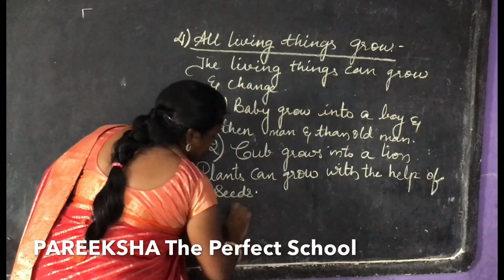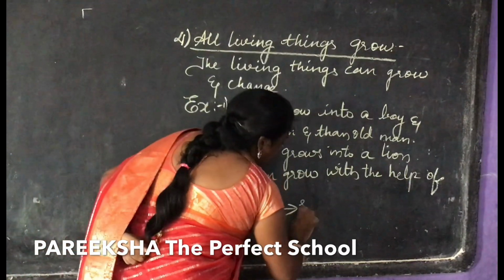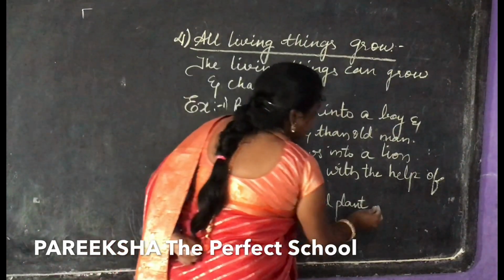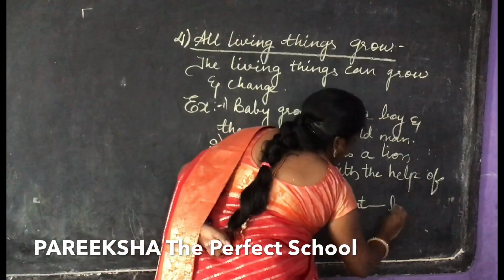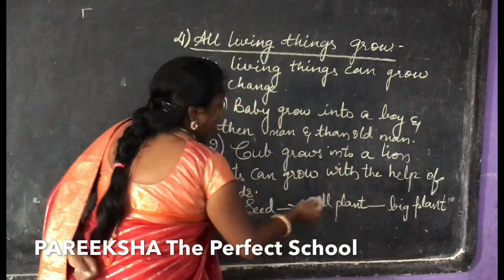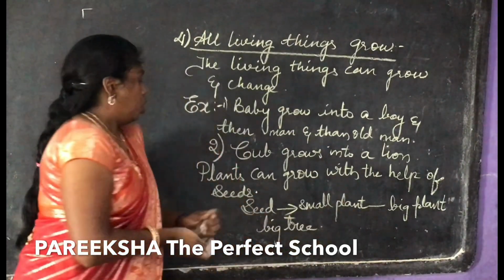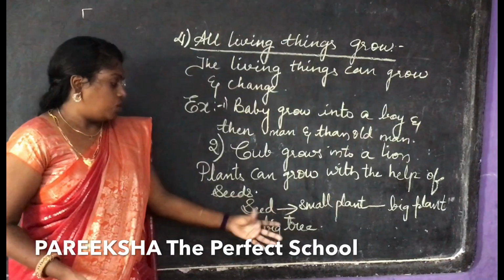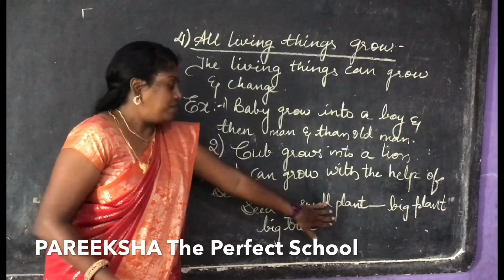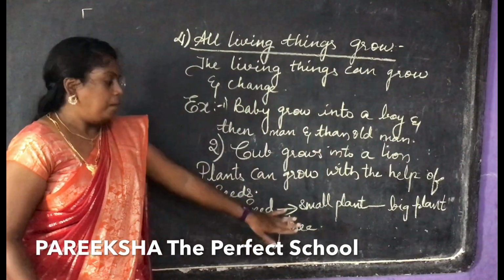The first stage is the seed. After the seed, the small plant grows. After the small plant, a big plant, and after the big plant, it changes into a big tree.